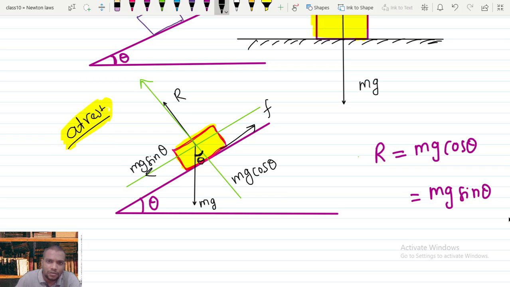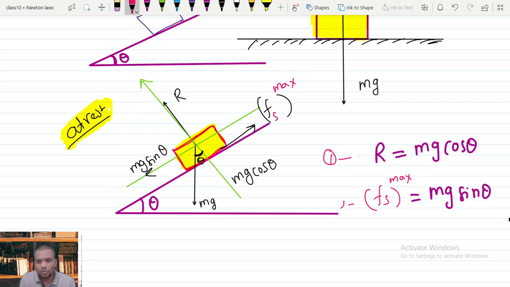Since the block is not moving, we consider this as limiting friction, Fs max. So R equals mg cos theta, and Fs max, the limiting friction, equals mg sin theta. This is how mg splits into two components, mg cos theta and mg sin theta.